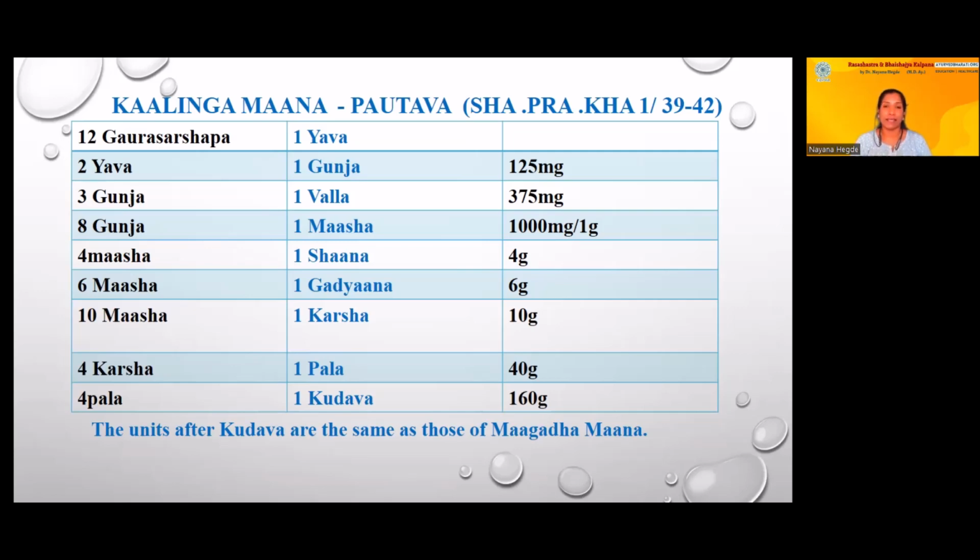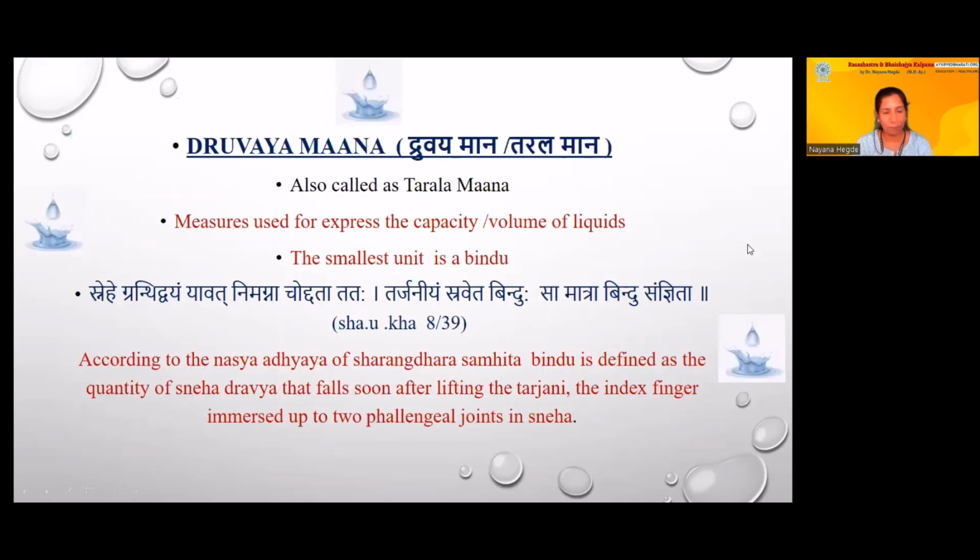Later, Sharangadhara has given that the units after the Kudavamana are the same as those of Magadhamana. So, this is the easy-to-remember Kalinga Pautavamana.